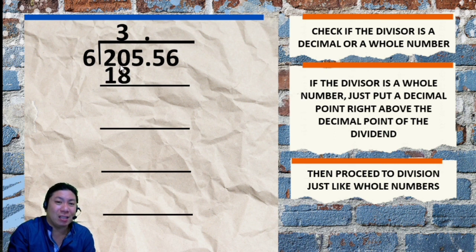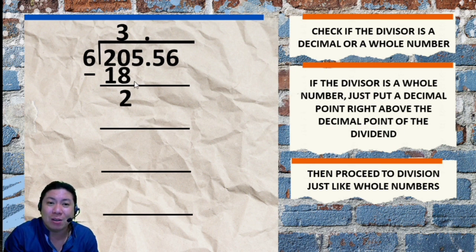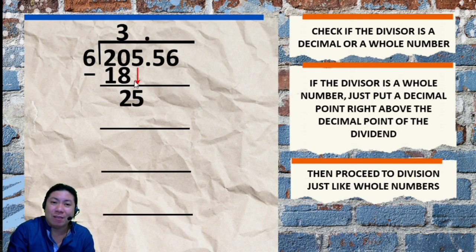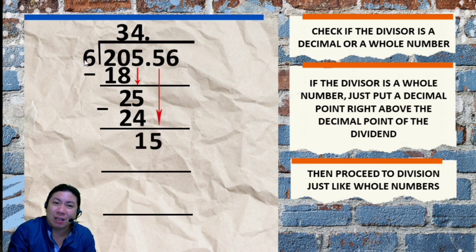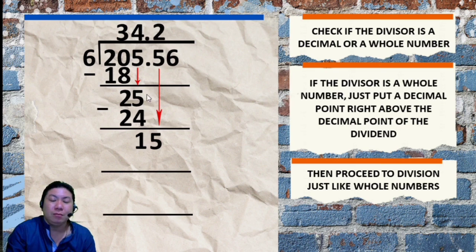Then minus 18 is 2. Tingnan nyo kung tama yung sagot ninyo dyan sa may paper ninyo. Then bring down 5. And then 25 divided by 6, 4. And then 24.